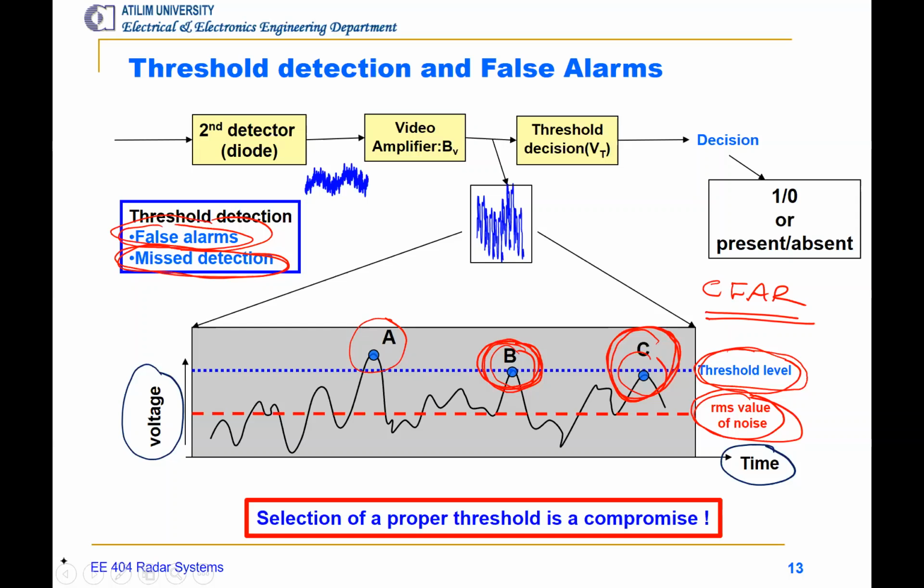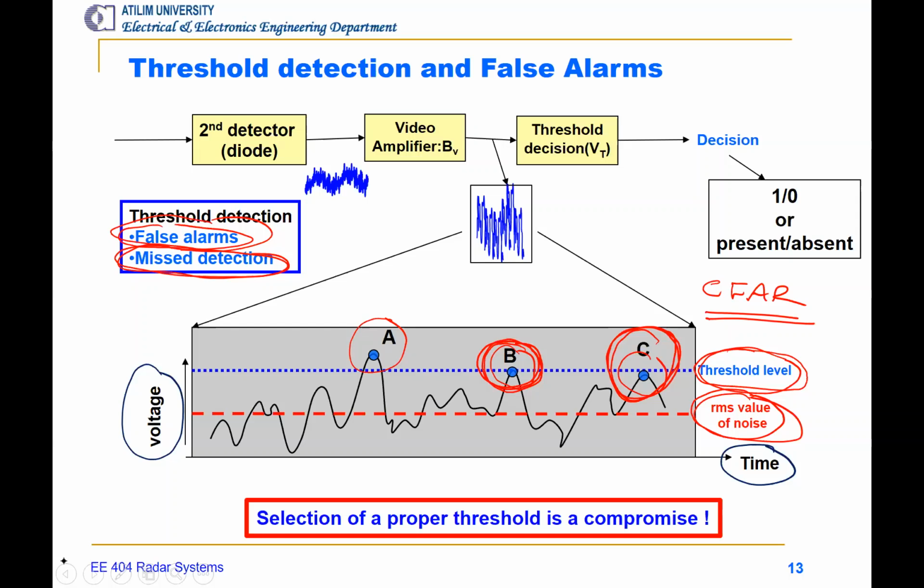Probability of false alarm, on the other hand, will be related to the interval in which the envelope of the noise voltage exceeds the threshold. That's the duration of that signal. And the average of that duration to the average of the false alarm time will give us the probability of false alarm.